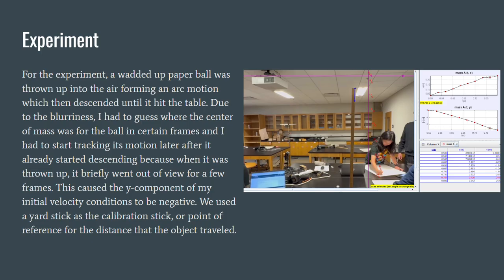Due to the blurriness of the video, it had to be guessed whether the center of mass was located for the ball in certain frames, and I had to start tracking its motion later after it already started descending, because when it was thrown up, it briefly went out of view in the top portion for a few frames, and this caused the y component of my initial velocity conditions to be negative. Here we used a yardstick as the calibration stick, or the point of reference for the distance that the object traveled.